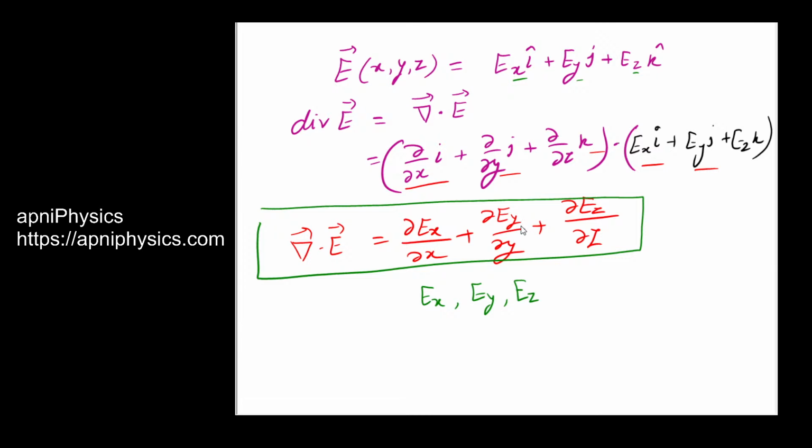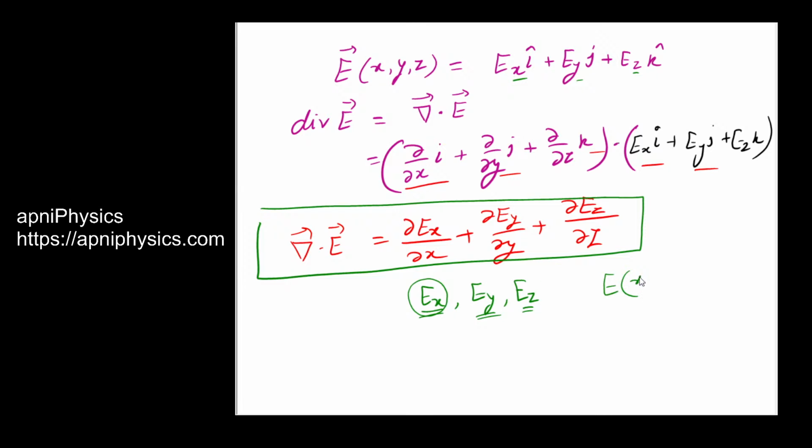right? Ey is the electric field component along the Y direction. Ez is the electric field component along the Z direction, right? Remember it, Ex, Ey, Ez are not related to the Cartesian coordinate system. This is the independent quantity E, the electric field, right?